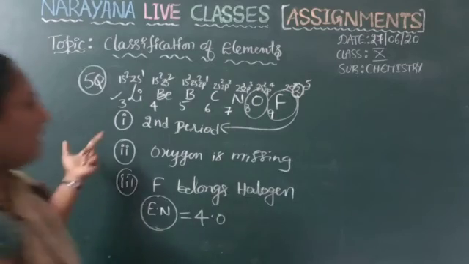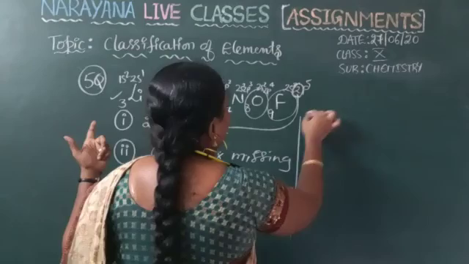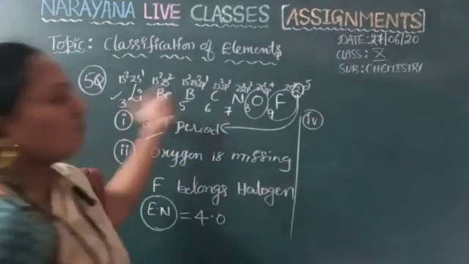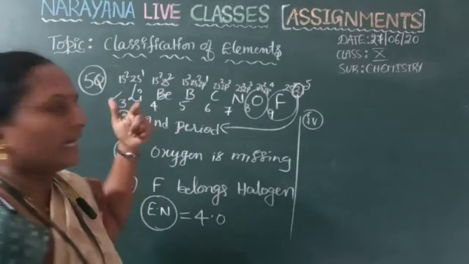Based on this data, the fourth question asks, from left to right, explain the variation of metallic character.